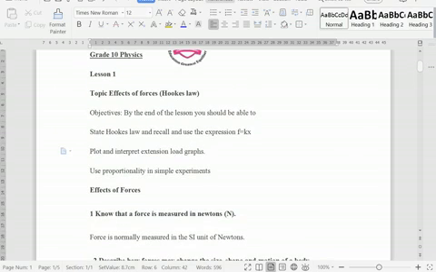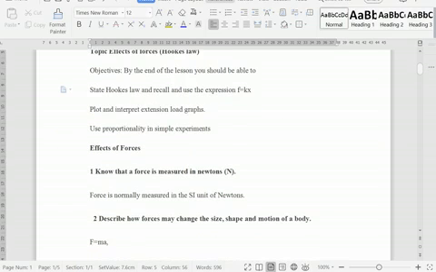Okay, so what are the objectives of today's lesson? By the end of the lesson, you should be able to state Hooke's law, and recall and use the expression F = kx. You should also be able to plot and interpret extension load graphs.